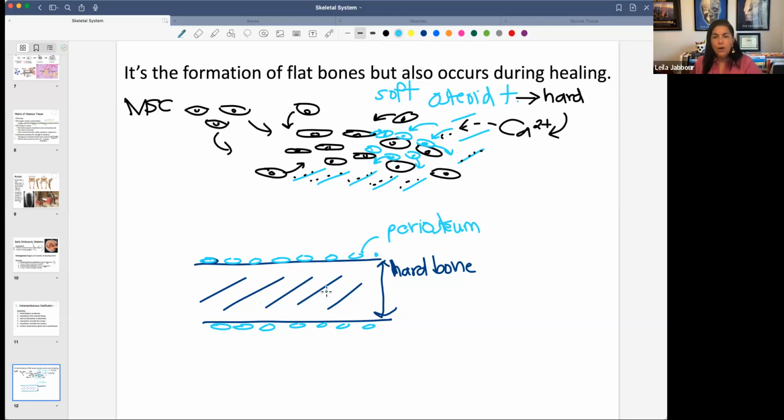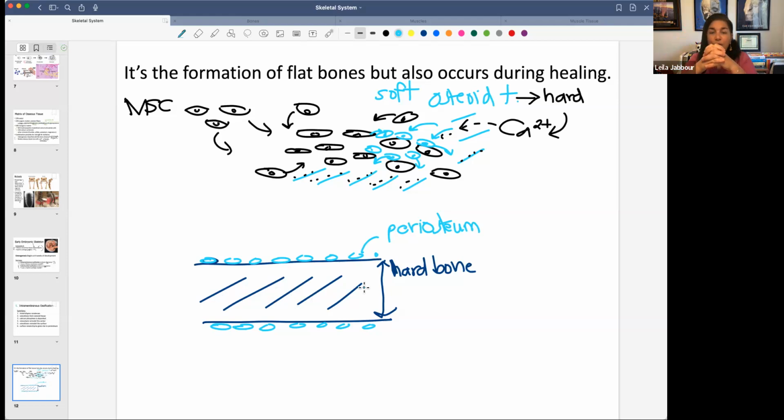It's a hard bone, but it's not compact bone, as there's no organization of osteons here. It's just full, a full hard bone in this thickness.